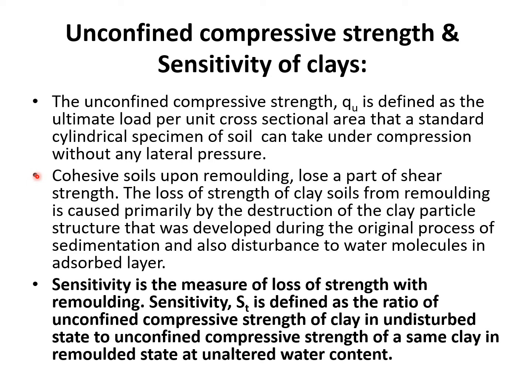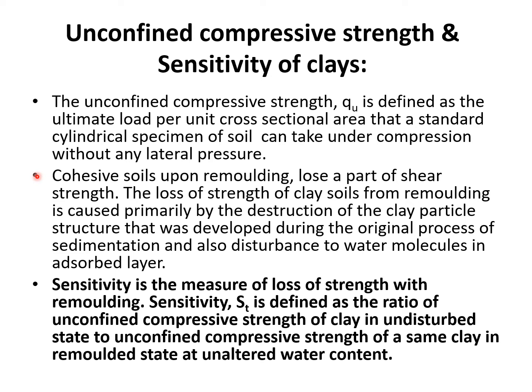Cohesive soils upon remoulding lose a part of shear strength. The loss of strength of clay soils from remoulding is caused primarily by the destruction of the clay particle structure that was developed during the original process of sedimentation, and also disturbance to water molecules in the adsorbed layer.